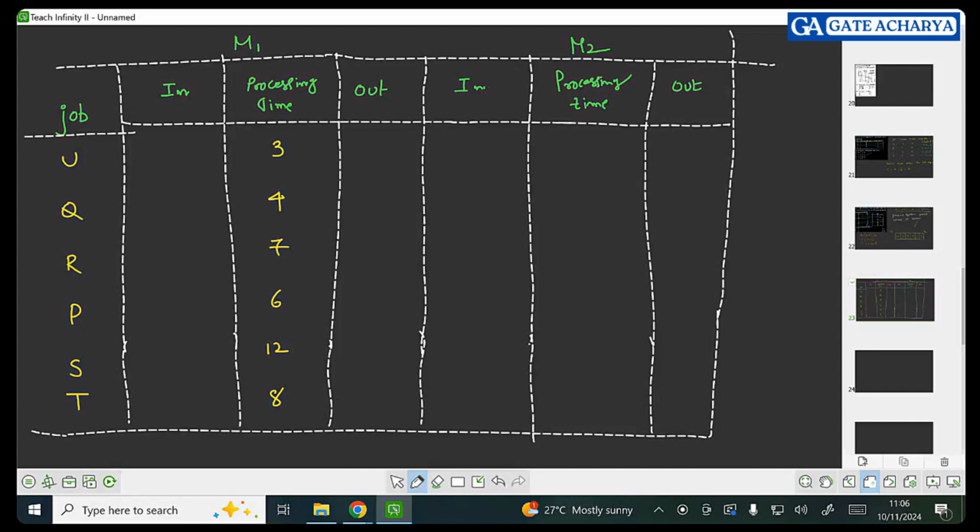You have a table, right? Until you practice, you can't get these kinds of things. For the U job in M1, what is the processing time? U job M1 processing time 3, like that. You do that. Secondly, you do that for machine 2 also. For machine 2, it is 8, 7, 6, 5, 4, 4, and then 4 again, I guess, right?